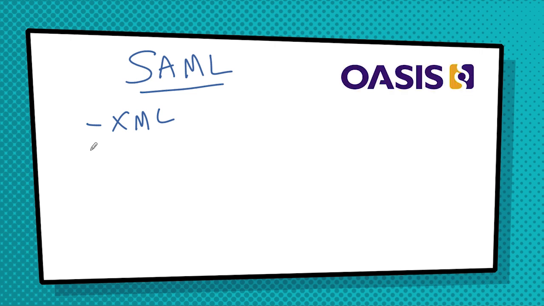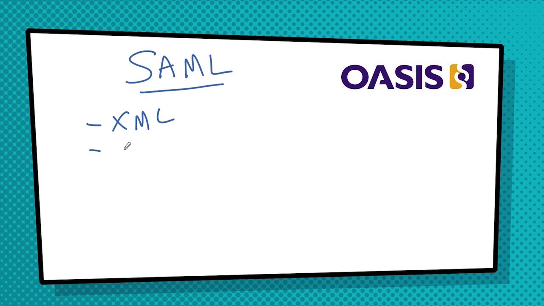Now, the last method that I'm going to be covering is called the Security Assertion Markup Language, or SAML. A lot of people refer to it as SAML. It is an XML-based open standard that is maintained by OASIS. It's used for both authentication and authorization, and it's also capable of exchanging user profile attributes as well.